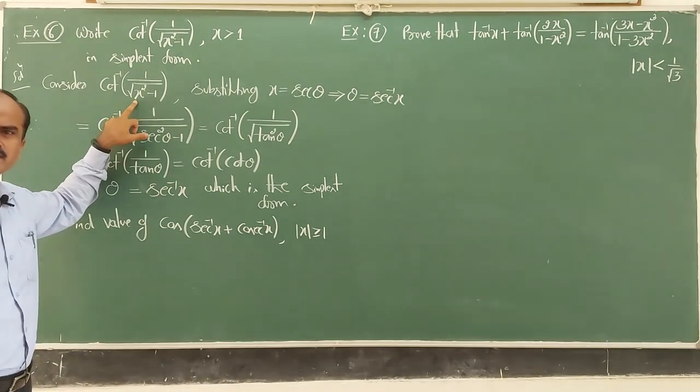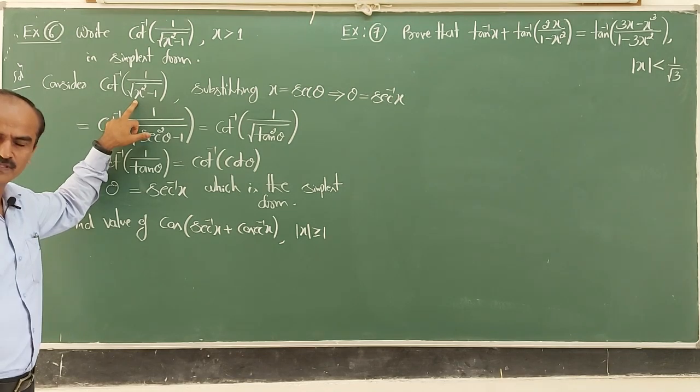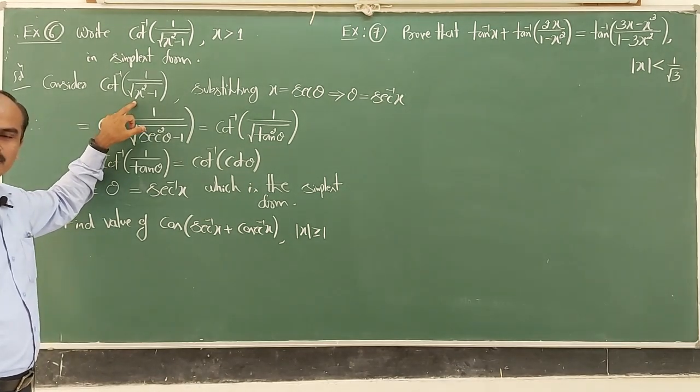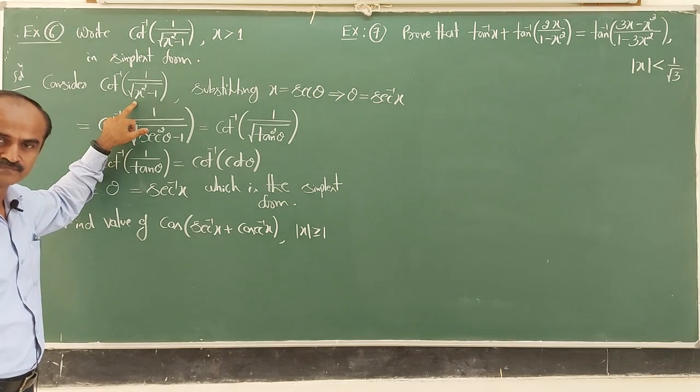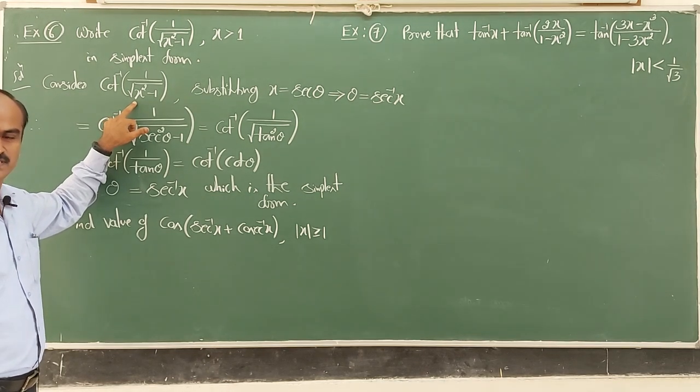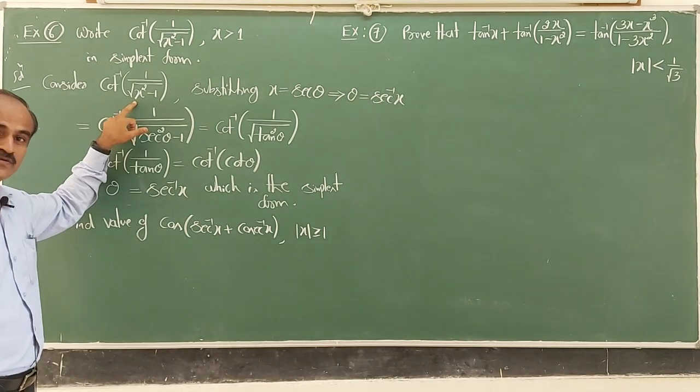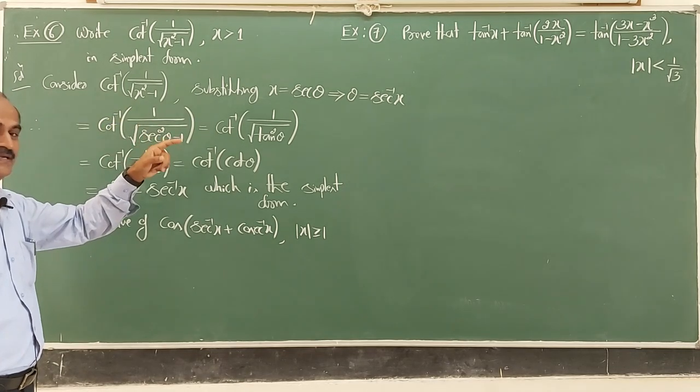I get sin square theta minus 1. Do you have any formula for this? No formula. So, drop that. Take next cos theta, cos square theta minus 1. Again no result. Substitute x equal to tan theta, tan square minus 1, no formula available. Now secant square theta minus 1, yes, it is a tan square.